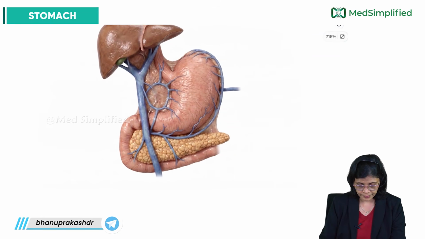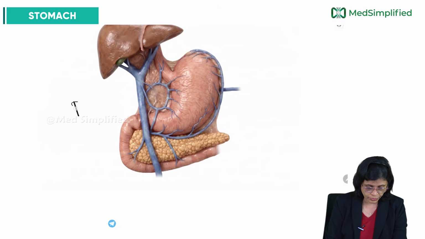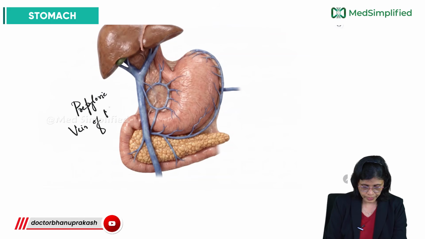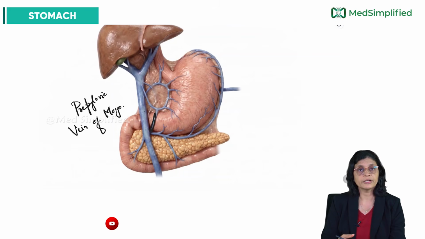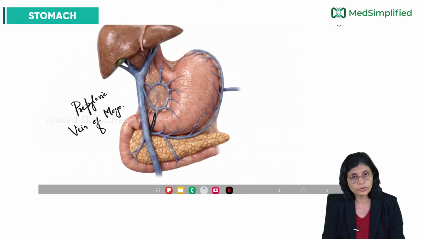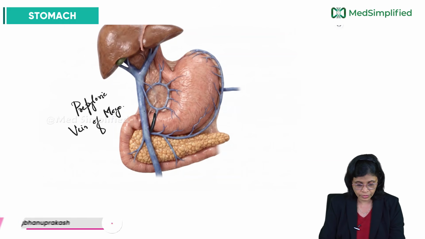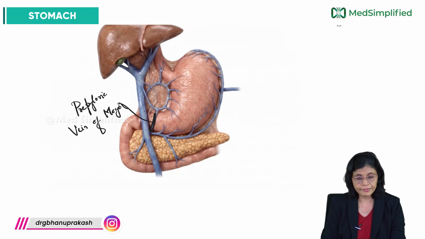I had earlier mentioned the prepyloric vein of Mayo, which is in relation near the pyloric orifice. Seeing that, we can identify the pyloric orifice.